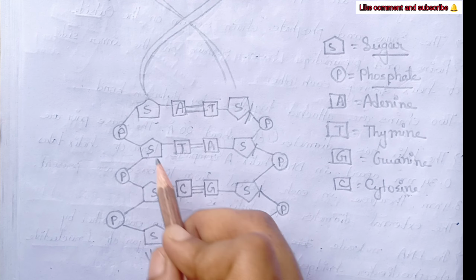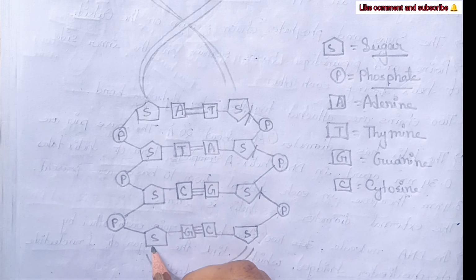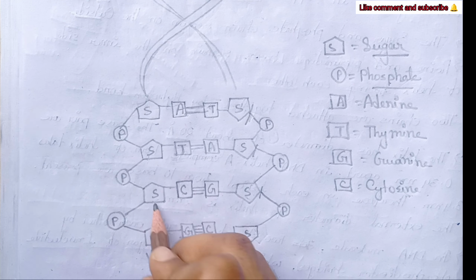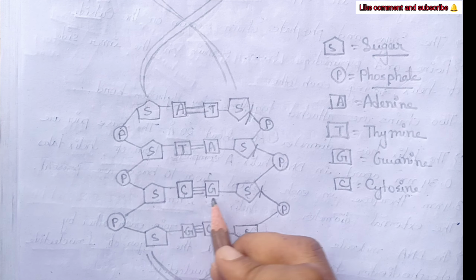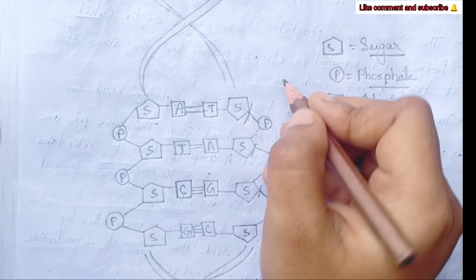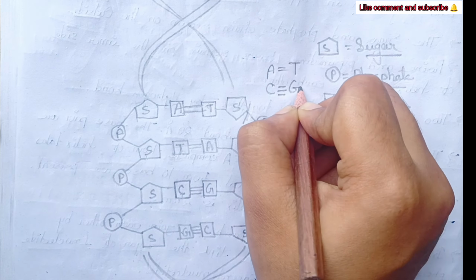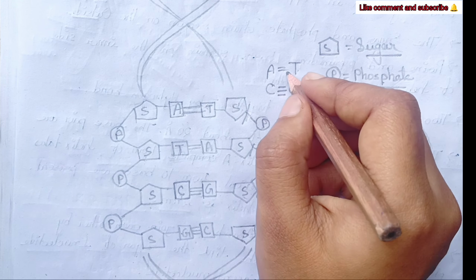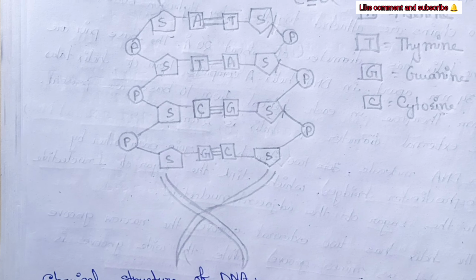Then again, these sugar molecules are attached by the phosphate group, and this is also the same, where the cytosine is bonded with the guanine by a triple bond, and guanine is bonded with cytosine by a triple bond. So adenine and thymine can form a double bond, and guanine and cytosine form a triple bond.